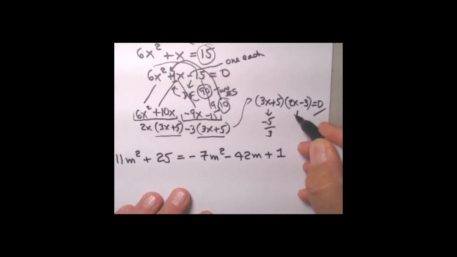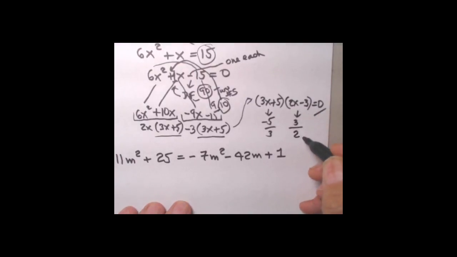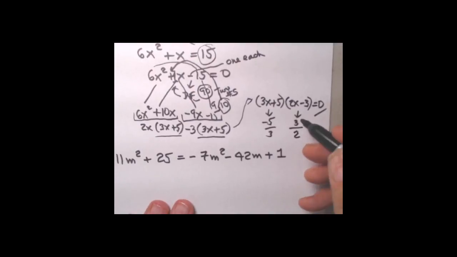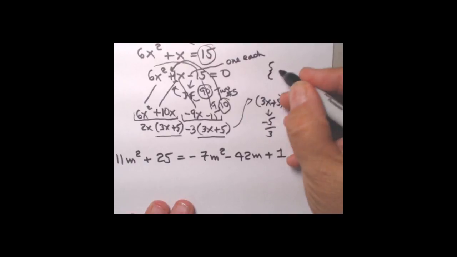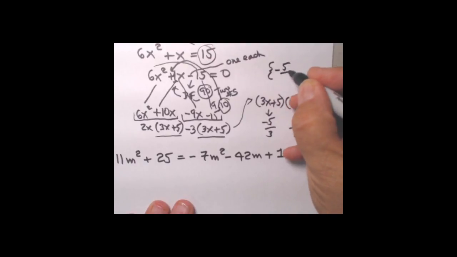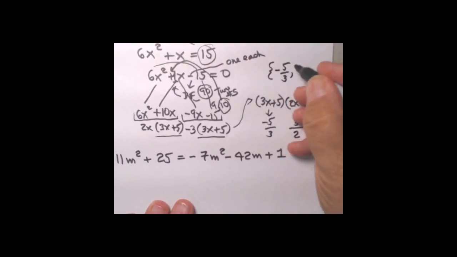Similar here, okay, take the opposite of the plain number, which is 3, and divide it by the coefficient of the variable there, 2. Okay, here are the two roots, or answers, that would solve this. I'll write them up here where I got a little bit of room. Negative 5/3 is one of them, and 3/2 is the other.